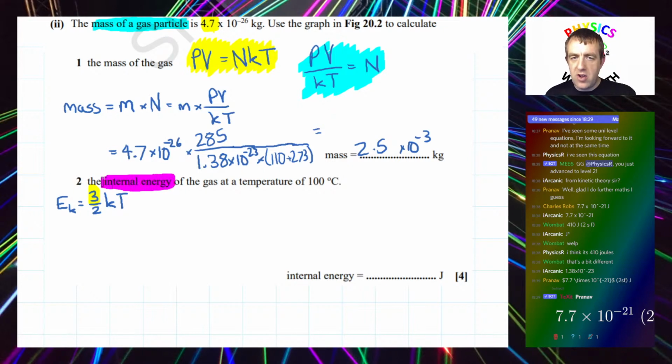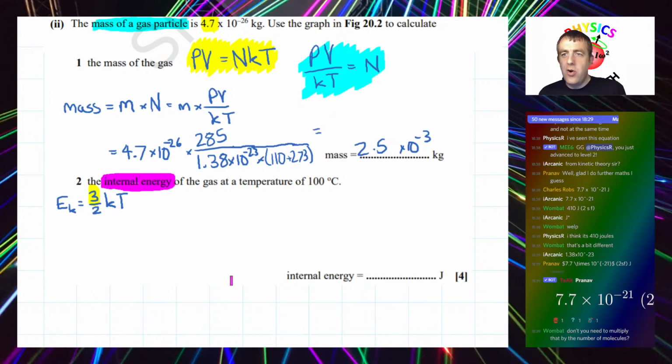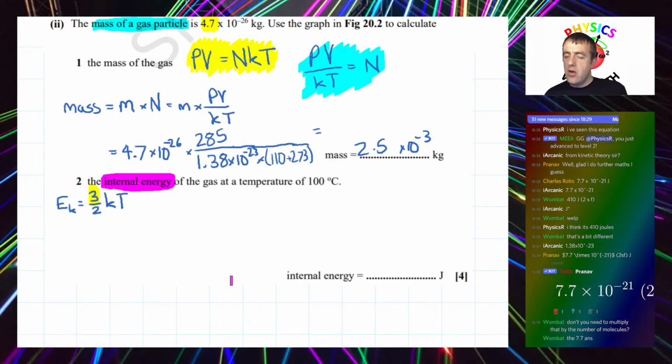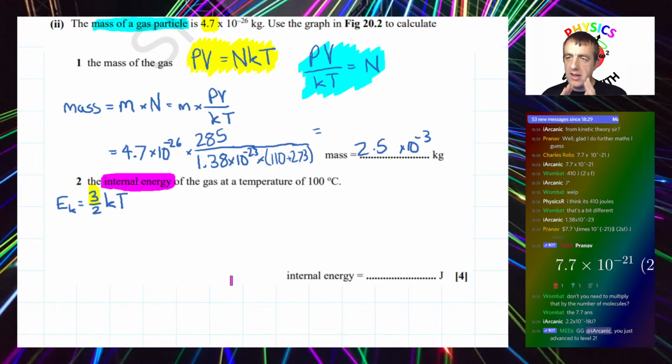We want the internal energy of the gas. Yes. Now, the reason, Wombat, why that works is because there's no potential energy component in an ideal gas.